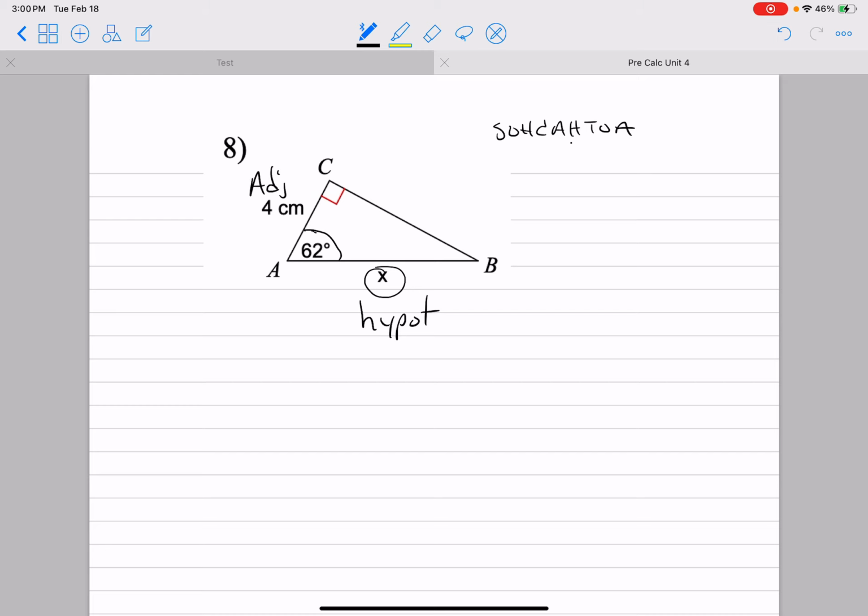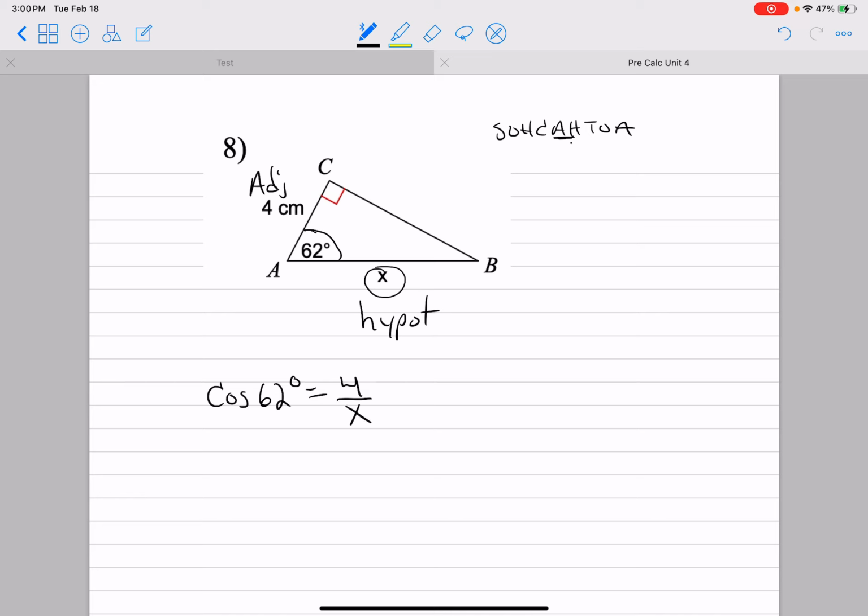So what trig ratio uses an adjacent and a hypotenuse? Cosine. So the cosine of 62 degrees equals adjacent 4 over hypotenuse x.